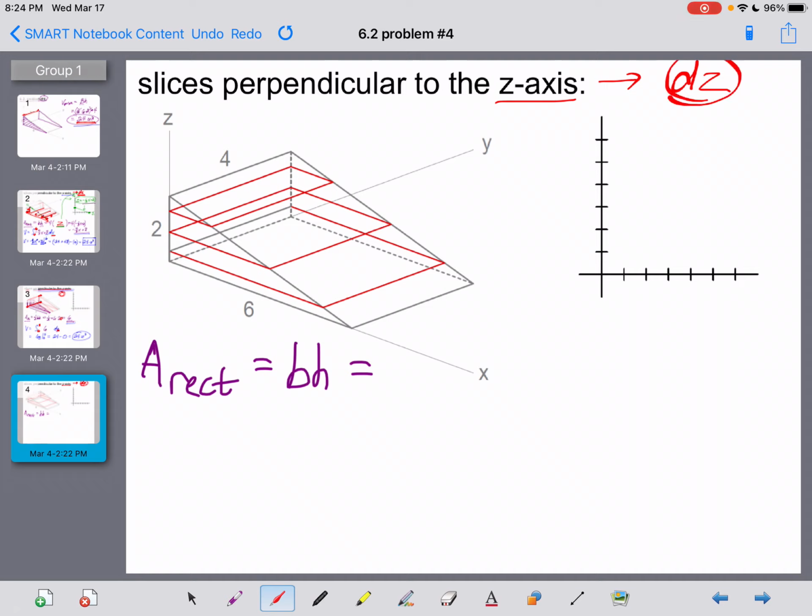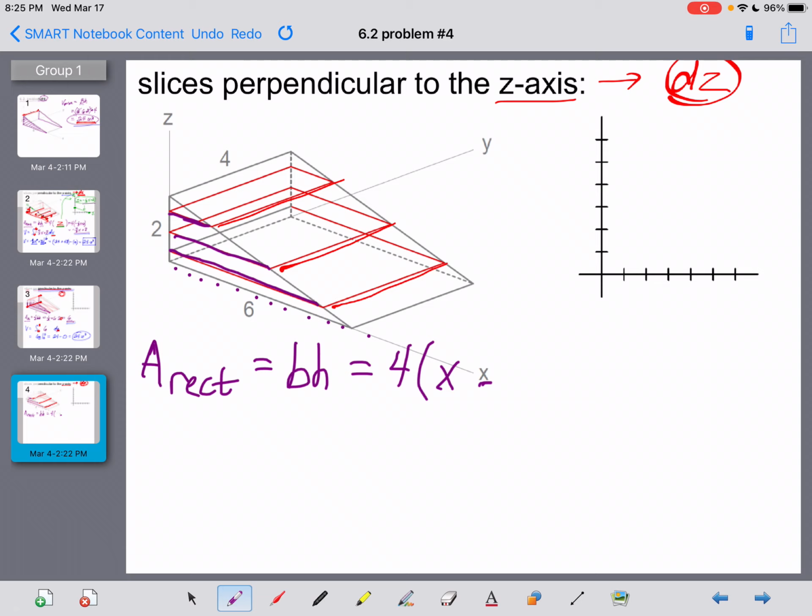Okay, so let's talk about this, guys. For each of these rectangles, however you want to consider the base and whichever one's the height, it doesn't matter. But what I think you noticed again is that once more, all of these rectangles have the same base. Again, doesn't matter which is which, but each of them has a base of 4. And the height of each one of those rectangles, those are all running in this direction, parallel to the x-axis.